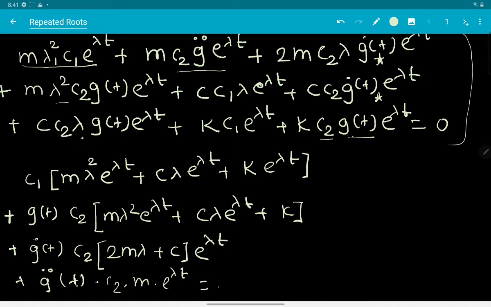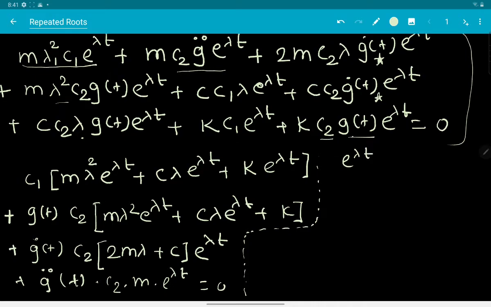So all this first set plus this second set plus this third set plus this fourth set. These four sets, when we sum them up together, should end up giving me 0. Now what we have said is that e raised to lambda t is a solution, that we already have established.